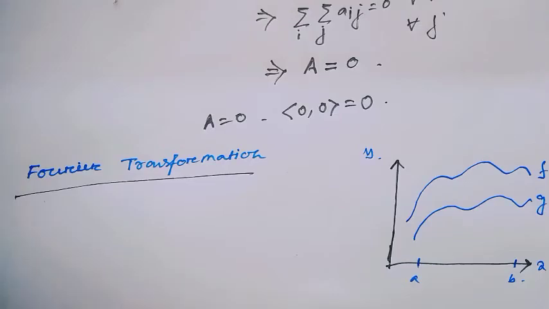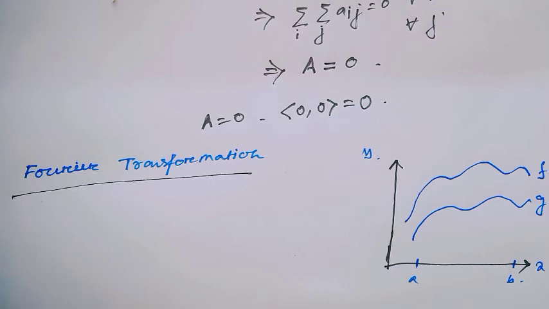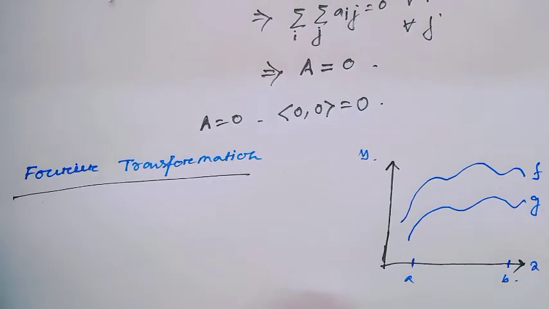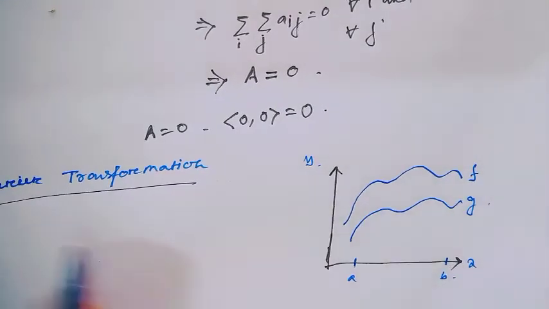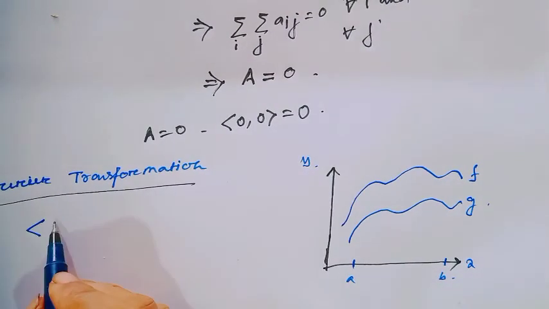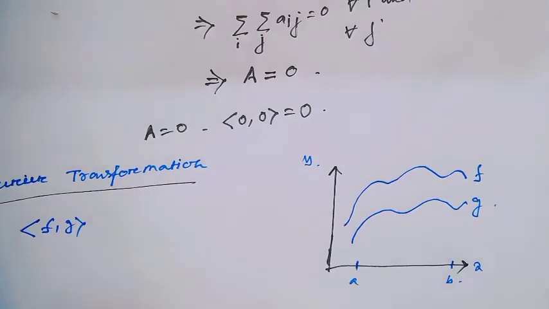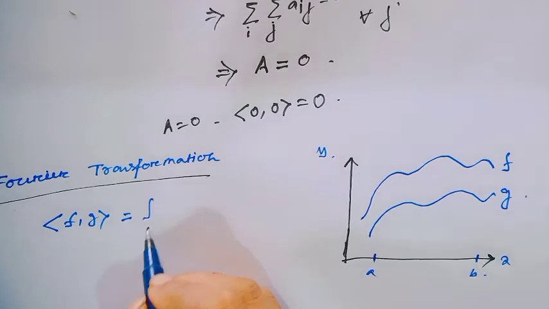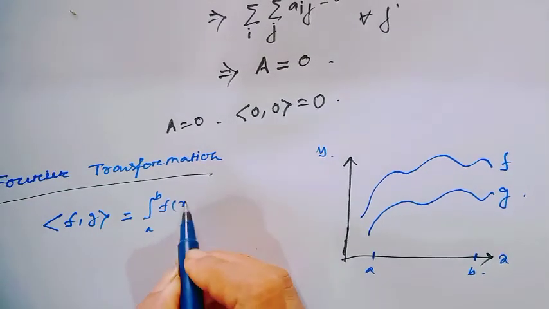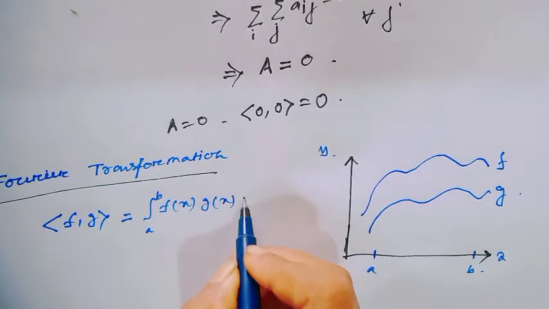Next example of inner product, we all know about the Fourier transformation. Here, I will create an inner product as a function. Consider the function f and consider another function g. Then inner product f comma g is equal to integration a to b of f(x) times g(x) dx.